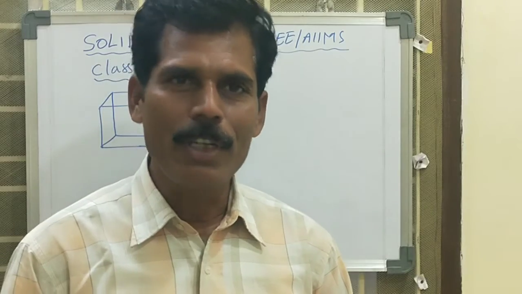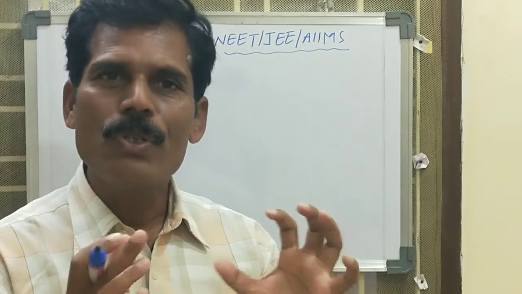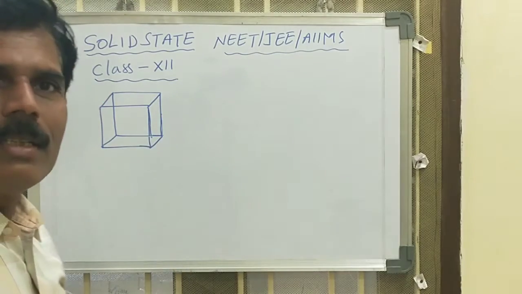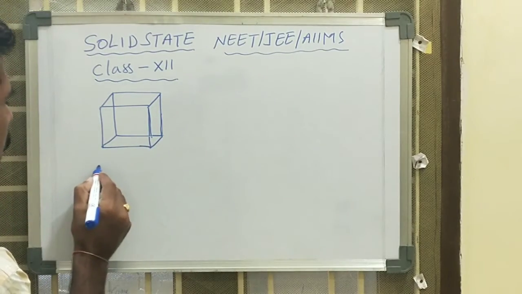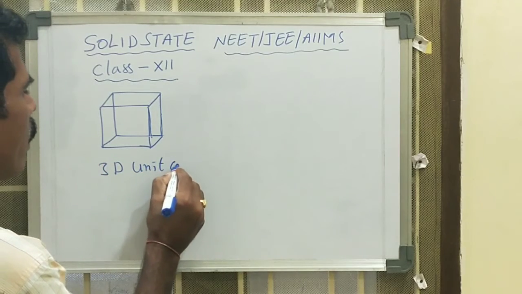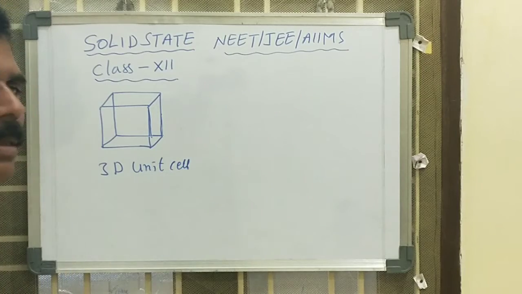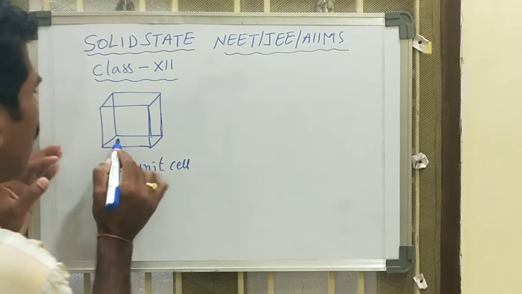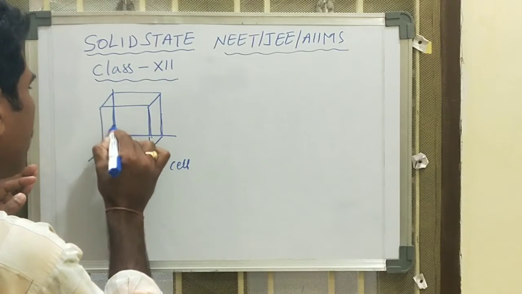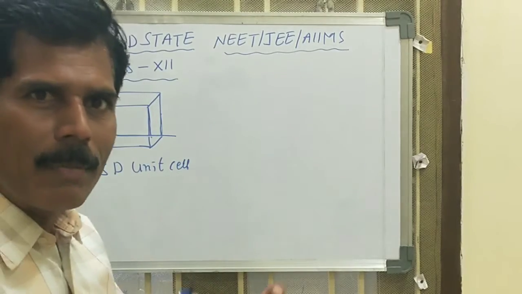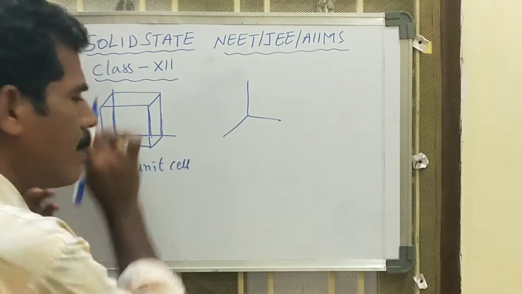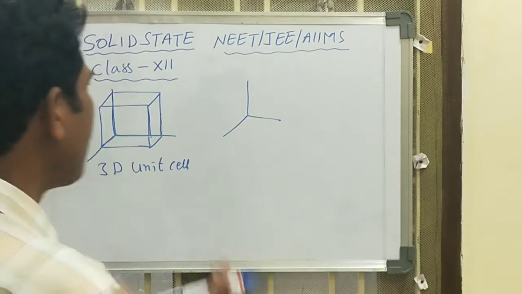The unit cell of a solid is available in the form of a 3D structure. A three-dimensional unit cell is the unit cell formed through three axes like this, so it is called a three-dimensional unit cell.